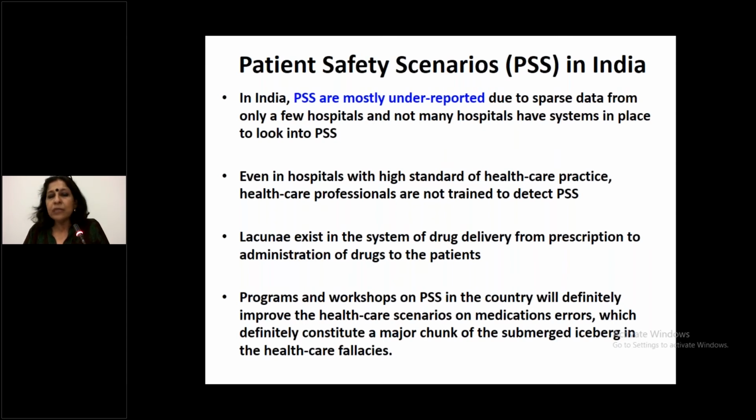Even hospitals with very high standards of healthcare practice are not really trained to detect where all the safety errors occur. There are a lot of lacunae right from drug delivery and prescription to when the drug or whatever the modality of treatment is reaches the patient.